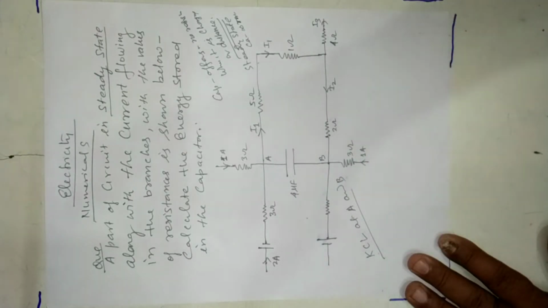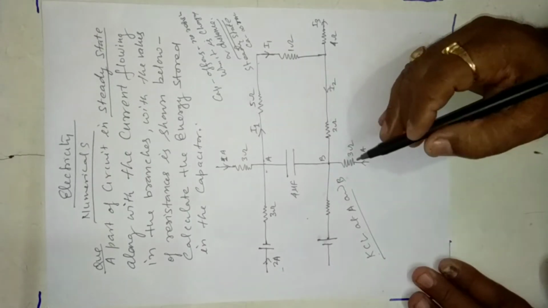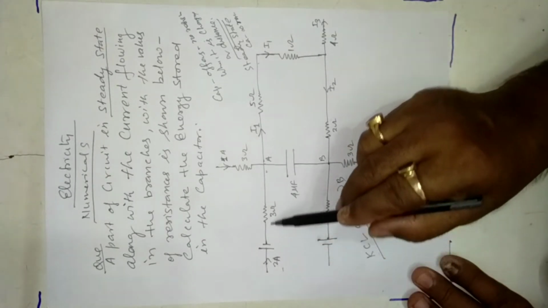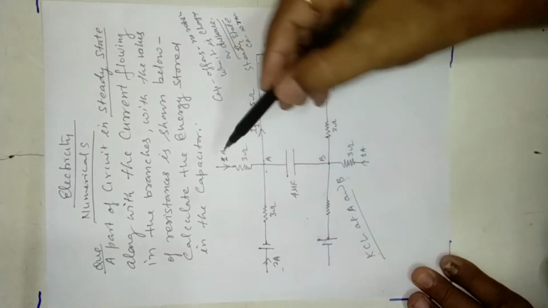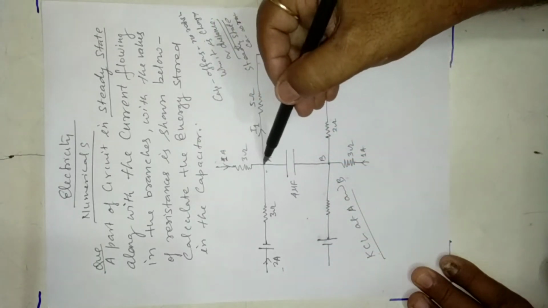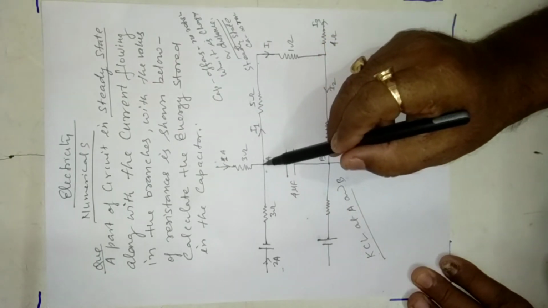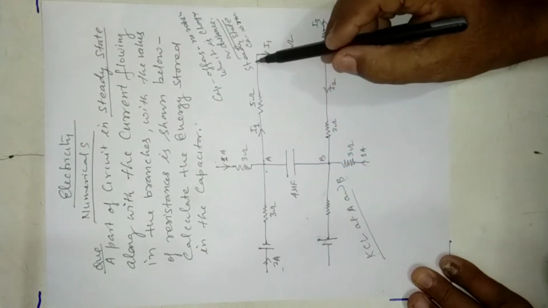So come to this point. You can see here 2 ampere current is coming towards point A, and from this side 1 ampere is coming, and I1 current is leaving here.